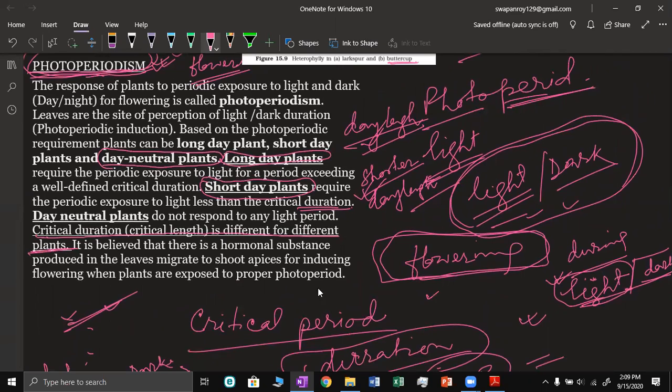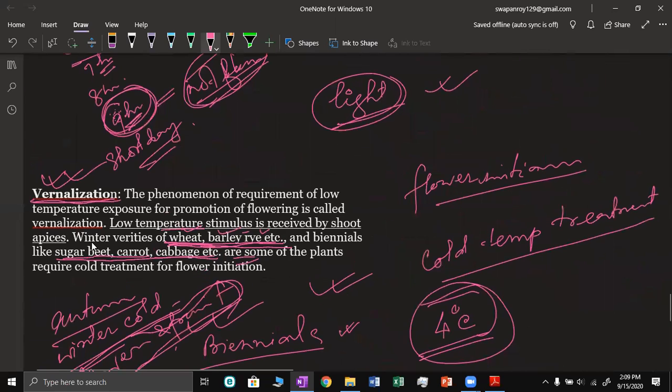In the case of photoperiodism, the photoperiodic stimulus is received by the leaves, and in vernalization, the cold treatment stimulus is received by the growing shoot apices.